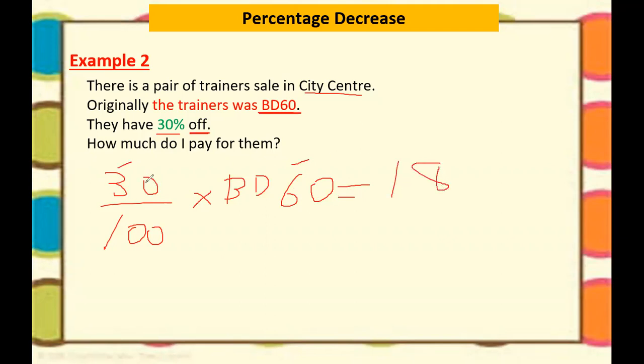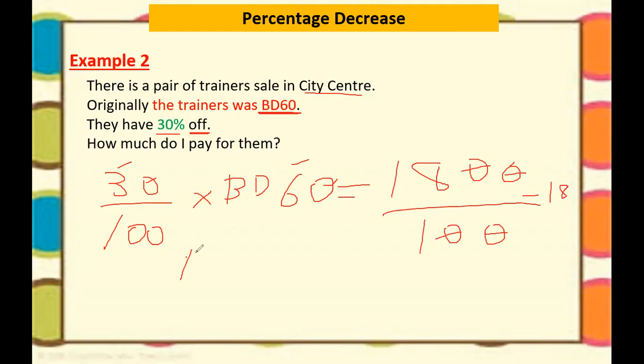We have two zeros, 1 and 2, divided by 100. So 1, 2, 1, 2. So the answer is 18 BD. So meaning 60 dinars decreased by 18 BD.